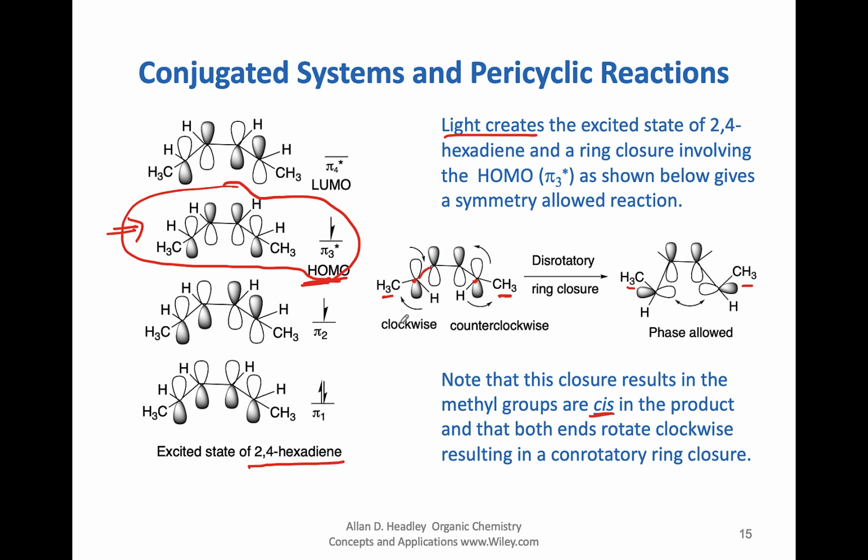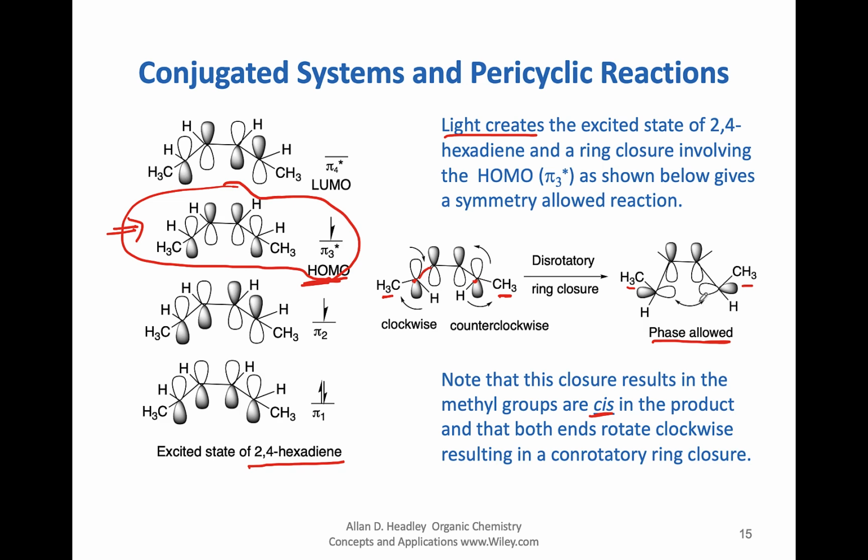So here's a clockwise going in this direction, and a counterclockwise in this direction. And that happens because we need the phase allowed orbital overlap here. So that's a disrotatory ring closure, and that gives the cis product.